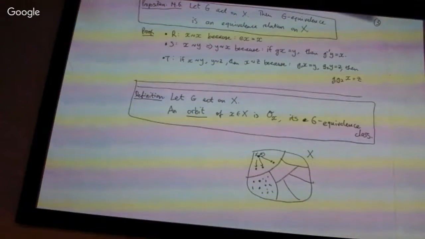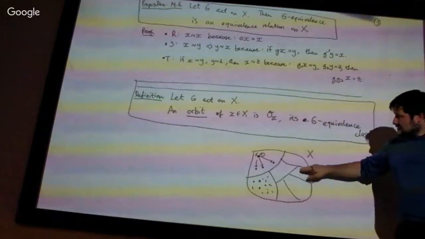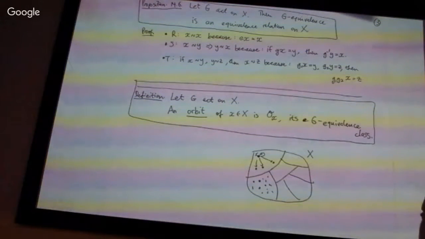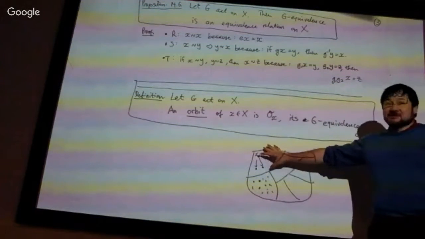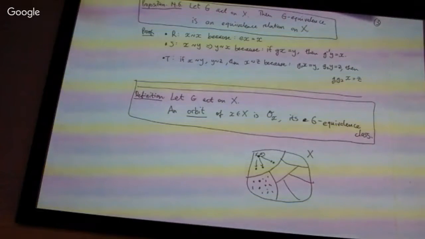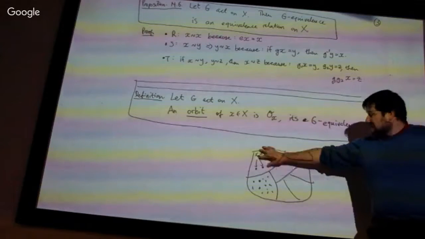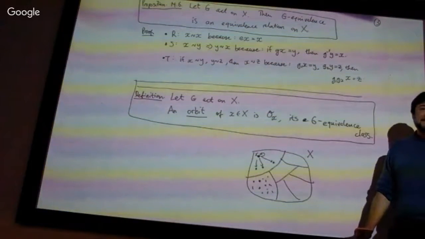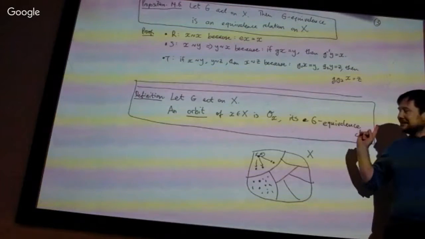And then we said that the equivalence classes are called orbits. Okay? So the whole set X is partitioned into what's called orbits. And Jordan said that he had the feeling that these orbits should all be the same size. But they're not, and that's where we ended.